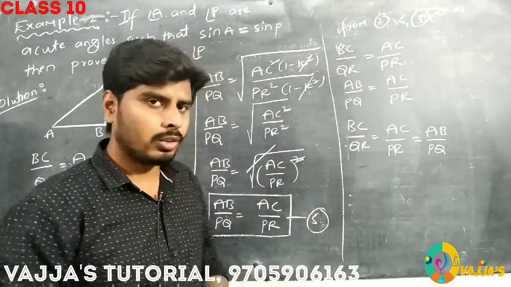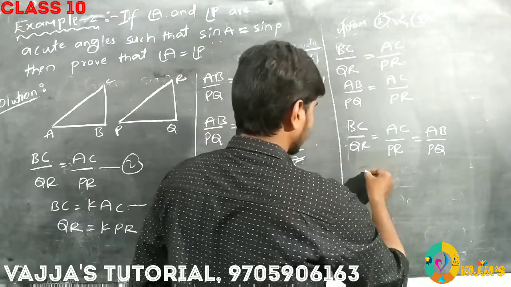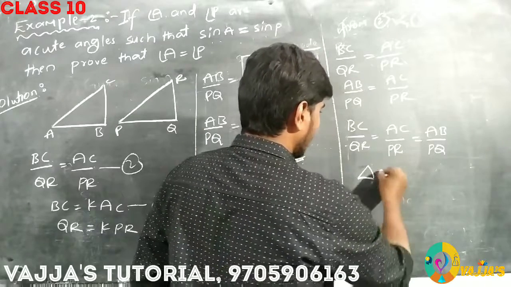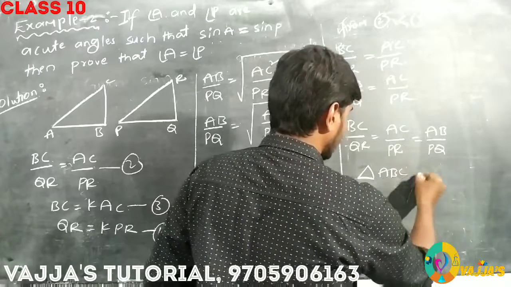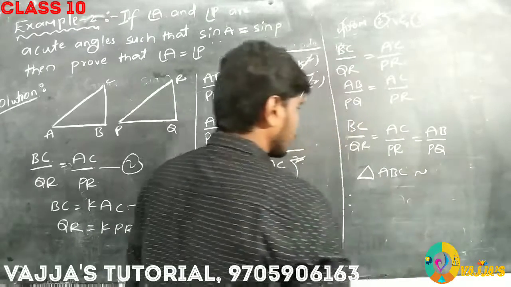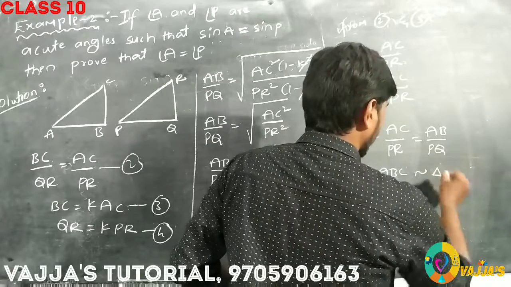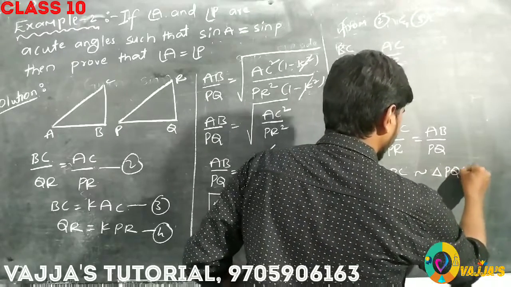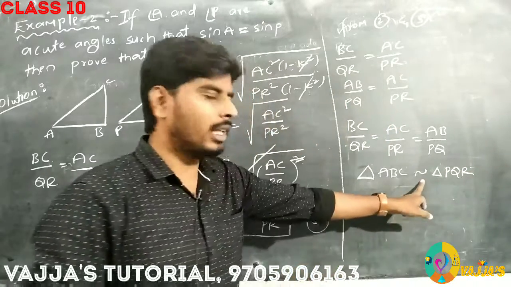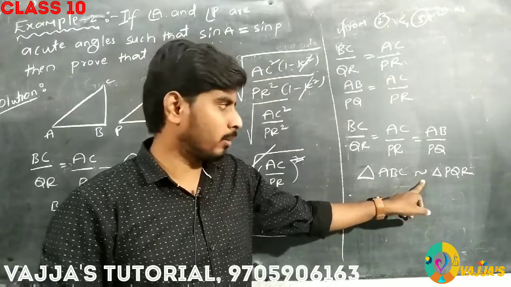What can we say now? We can say that triangle ABC is similar to triangle PQR. This symbol indicates similar. This is the similarity symbol.